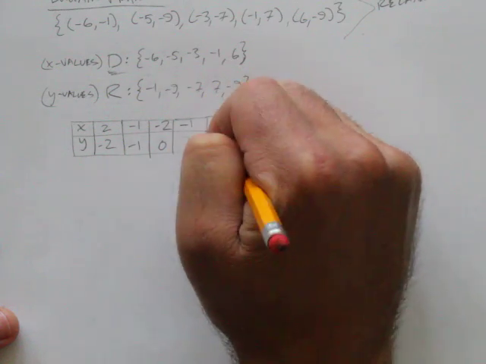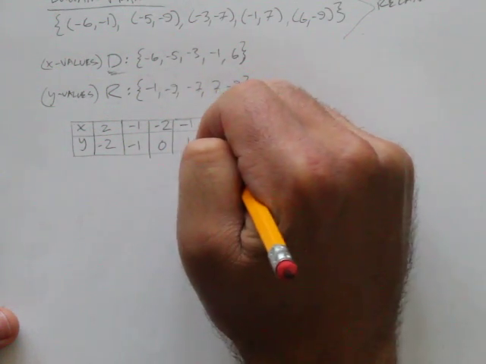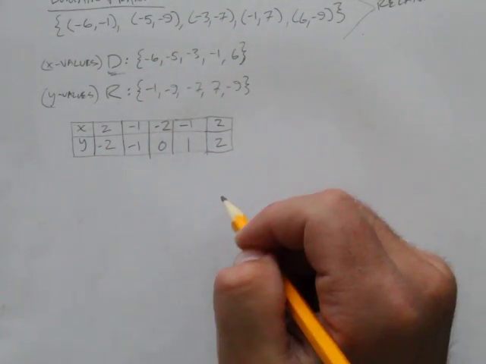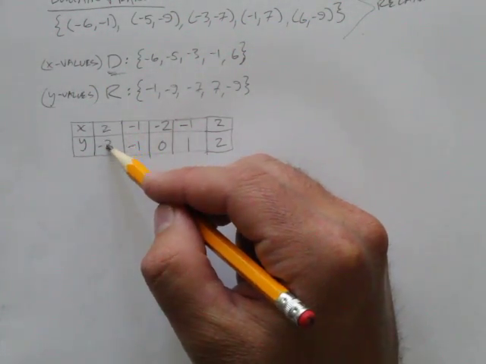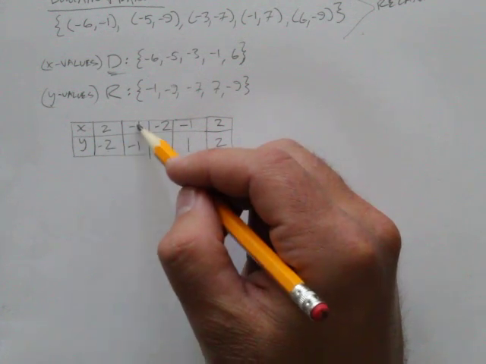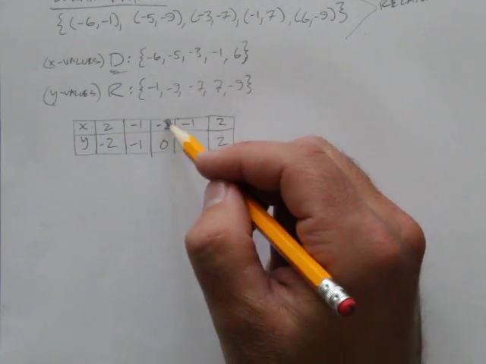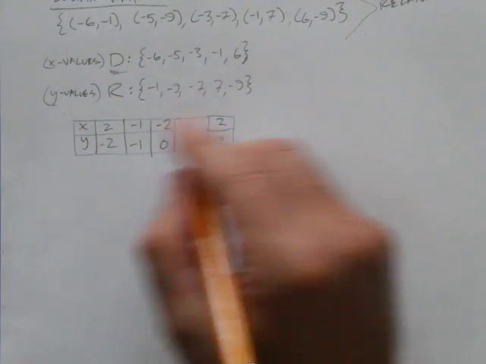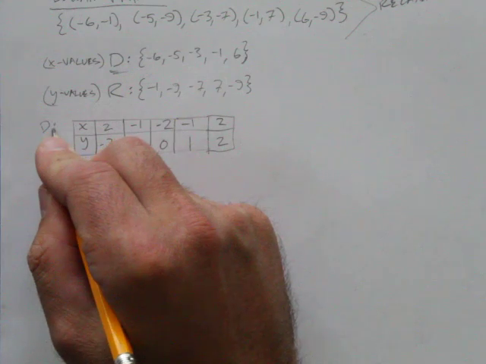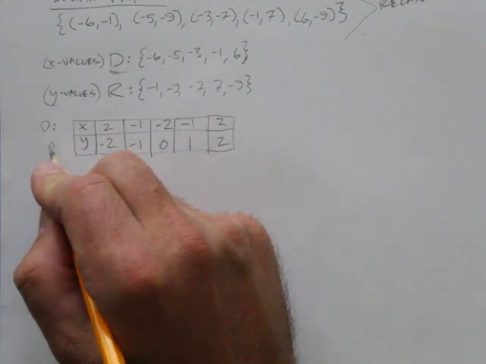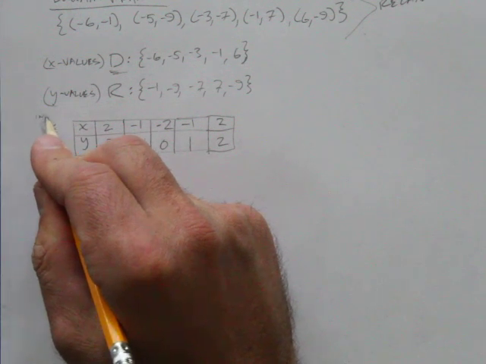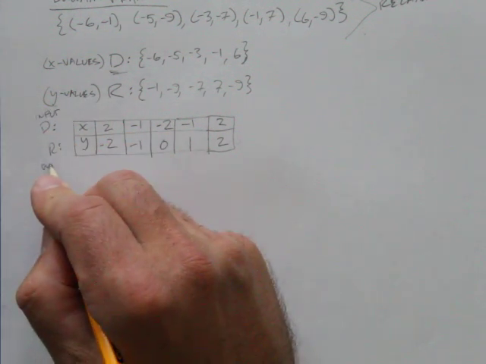And when x is 2, y is 2. So this is another way to see a relation. Each of these represents a point: the x and y value of one point, then the x and y value of another. This top portion, the x values, is the domain, and the y values are the range. You can also think of the domain as the input and the range as the output.